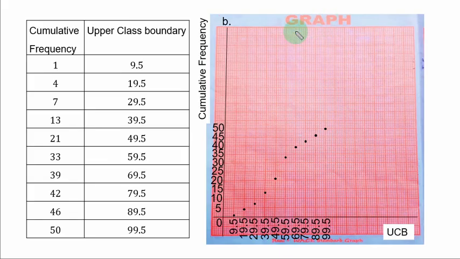B part of the question is the construction of the cumulative curve, and what we need is cumulative frequency against upper class boundary. So you have all the upper class boundary here from 9.5 to 99.5.